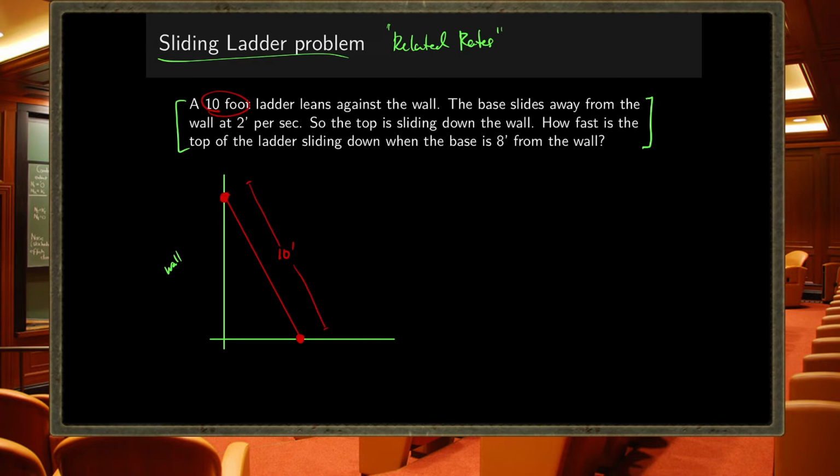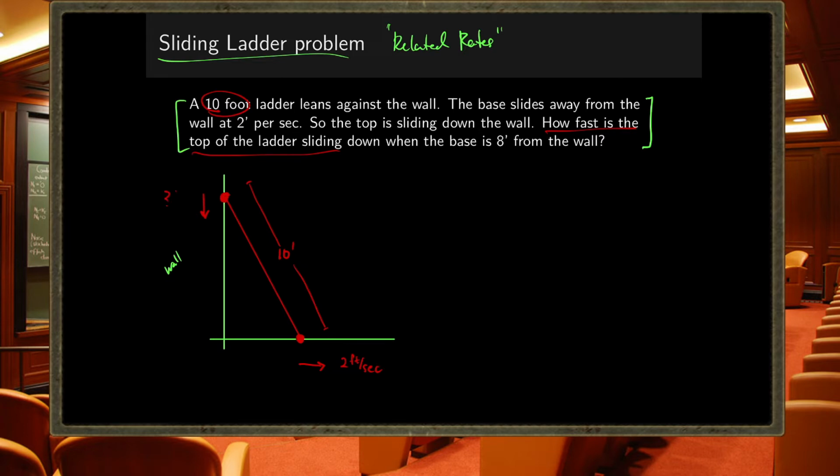And I know the base slides away, so the point at which this is here slides away at 2 feet per second. So let's put that here, 2 feet per second. And the top is sliding down, and we want to know how fast the top is sliding down. I'm using this arrow to represent change.